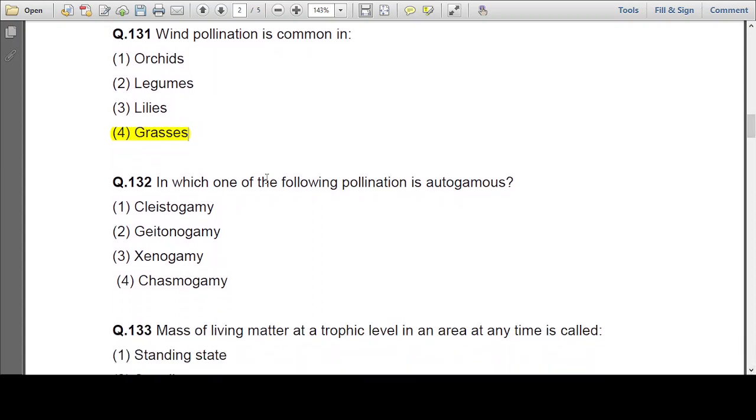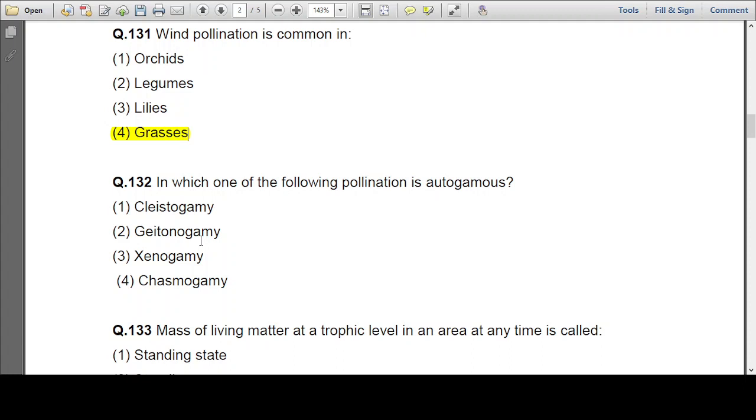Now 132: in which one of the following is pollination autogamous? There are different types of flowers. Cleistogamous means closed flower. You can remember it by the letters Cl: Cl means closed. In geitonogamy, there is the transfer of pollen from a flower of the same plant to another flower of the same plant.